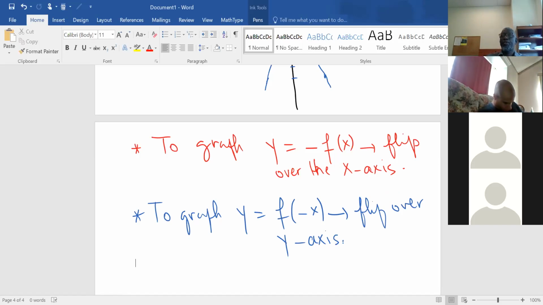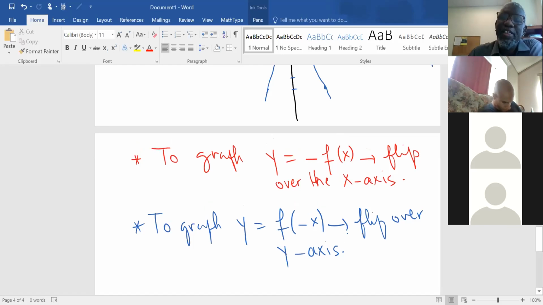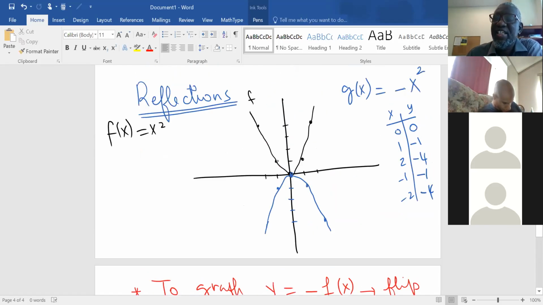This example right here is not a good example for that case, because the black graph is completely symmetric with respect to the y-axis. So when you flip it over the y-axis, it's going to be the same thing, right?